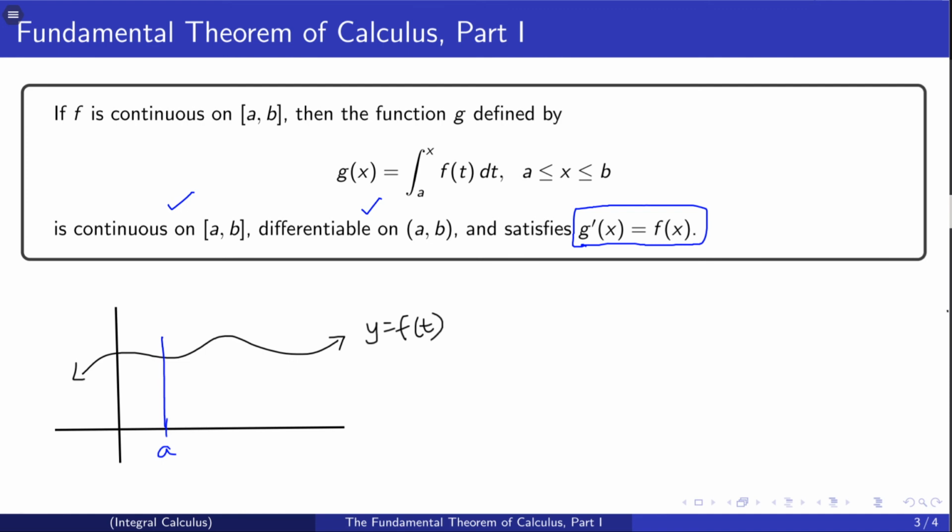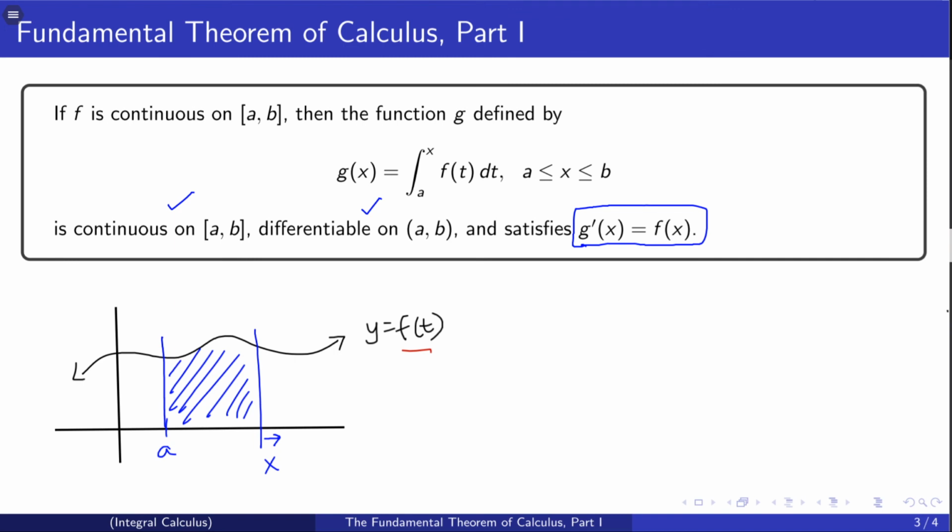Well, at any given x, you can imagine dragging this vertical line to the right and changing the area that's being covered here, right? So when you move this vertical line to the right, the area grows larger. The rate at which that area is growing is exactly equal to the function f of t.